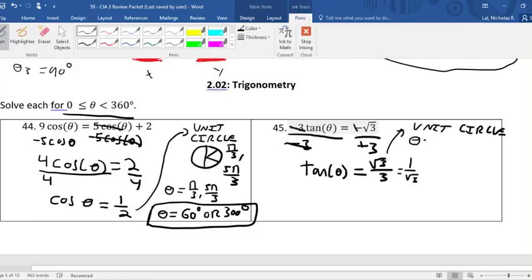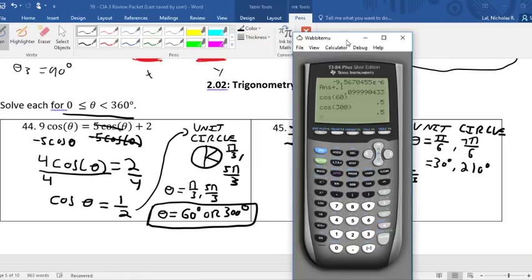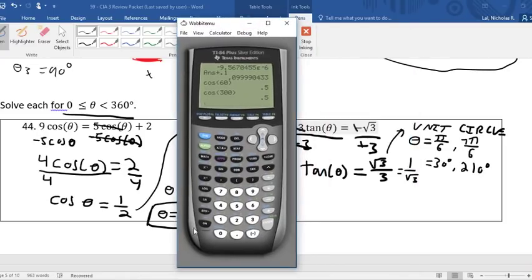theta would be equal to either pi over 6 radians or 7 pi over 6 radians. And in degrees, which is what it's asking, that would be equal to 30 degrees or 210 degrees. So let's prove it. In our calculator, we can do the square root of 3 divided by 3.